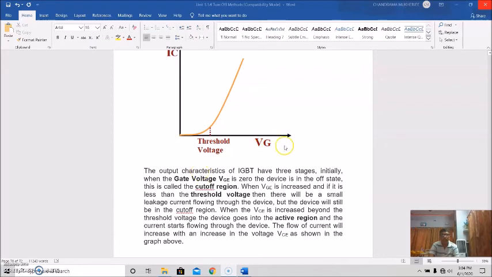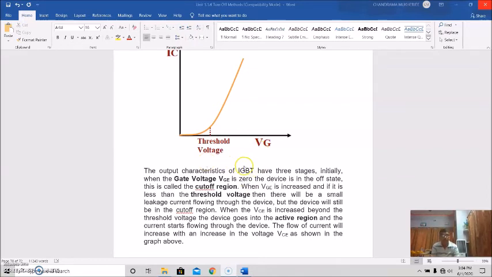When the gate voltage is 0, the device is in the off state, called the cutoff region. When the gate emitter voltage is increased but is still less than the threshold voltage, a small leakage current will flow, and the device is still in the cutoff region.